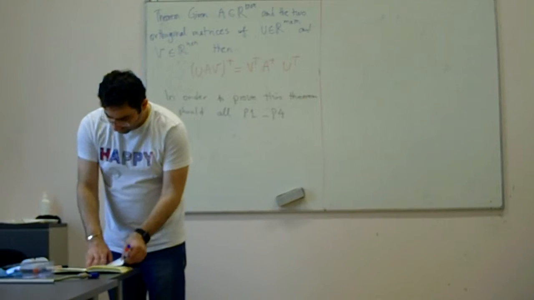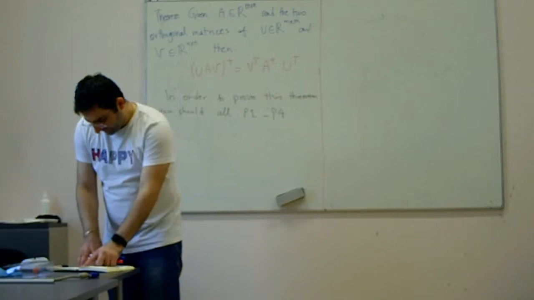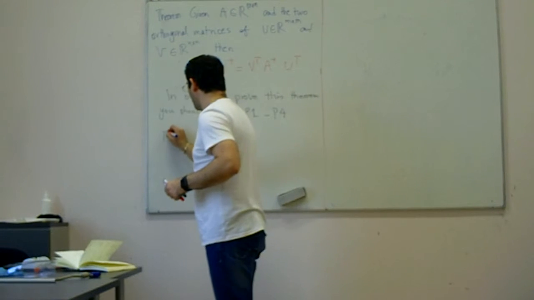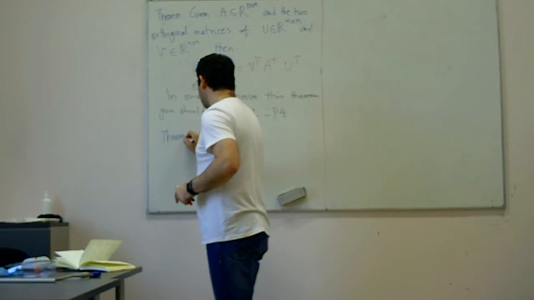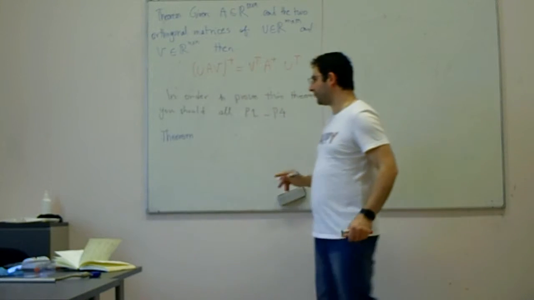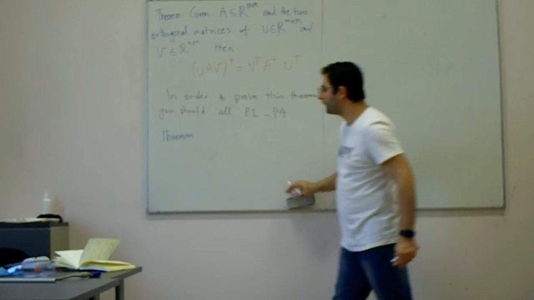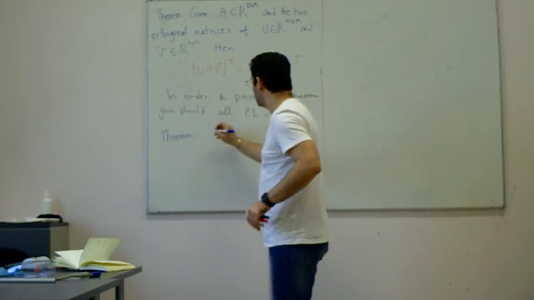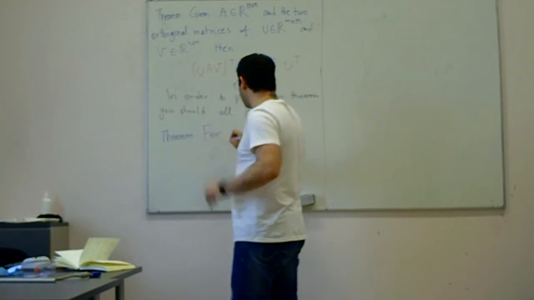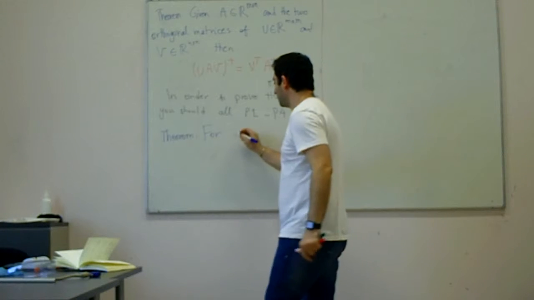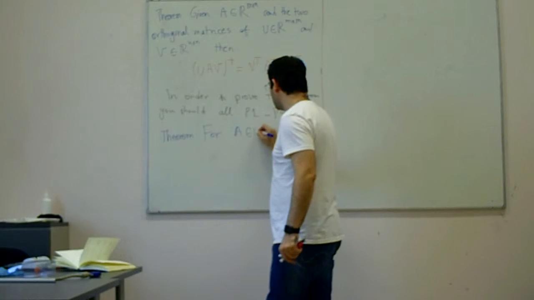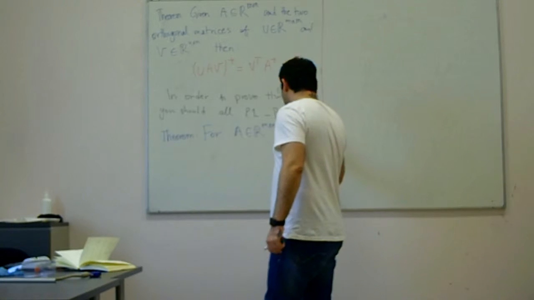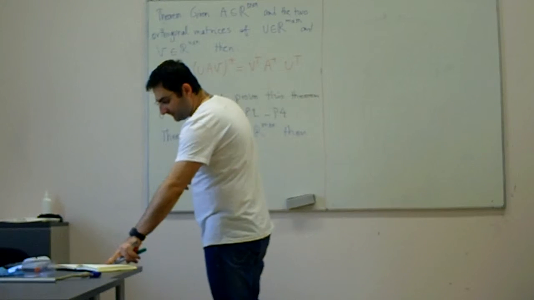Now, let's have another theorem. So the theorems like this, which I said can't be proved, if you need to know the proof, it's easy to prove. Some of them are available in the book. But if I don't prove it, don't tell you that the proof is important, you don't need to know it. For A belonging to, again, R m by n, then we have two terms.